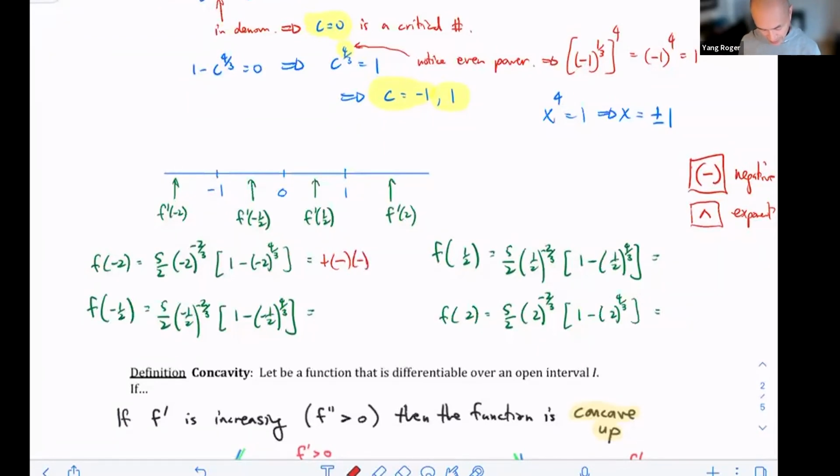Since I only care about the sign, I hope you can see that I have a positive number times a negative number times a negative number, which gives me a positive number. So this guy is increasing. And then I want to do the same with the other ones.